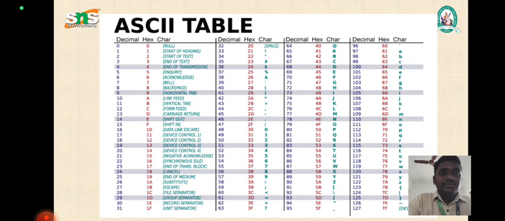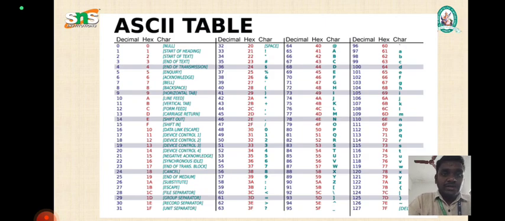For 1, the hexadecimal is also 1, start of heading. Likewise up to 32: the hexadecimal for decimal 32 is 20, and the character is space.